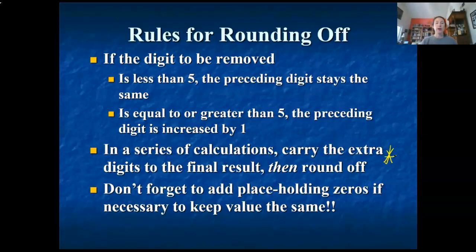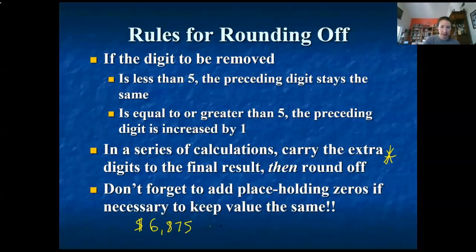Okay, now let's look at what placeholding zeros are. Let's say you won the lottery and you won $6,875, right? Woo! And you put that in the bank, and the bank said, we're going to round that to one significant figure, just one, and we're going to round off the rest.